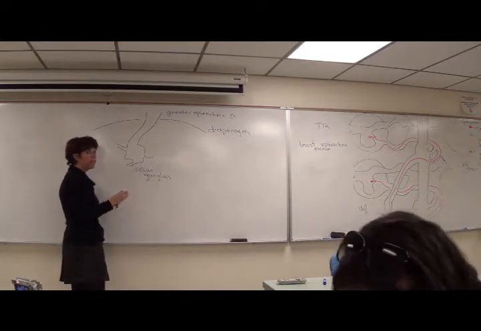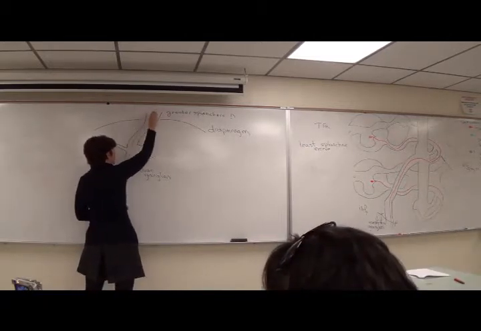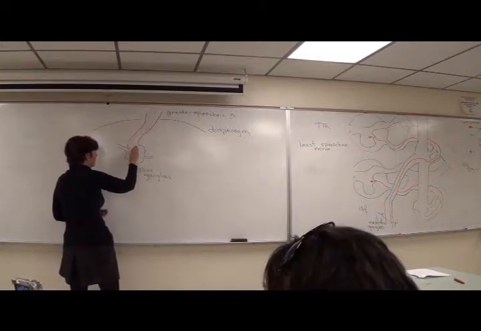We would have preganglionic neurons coming in from T5, T6, T7, T8, T9.